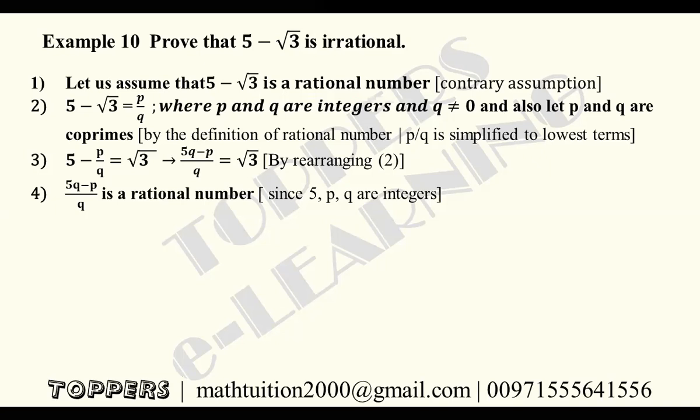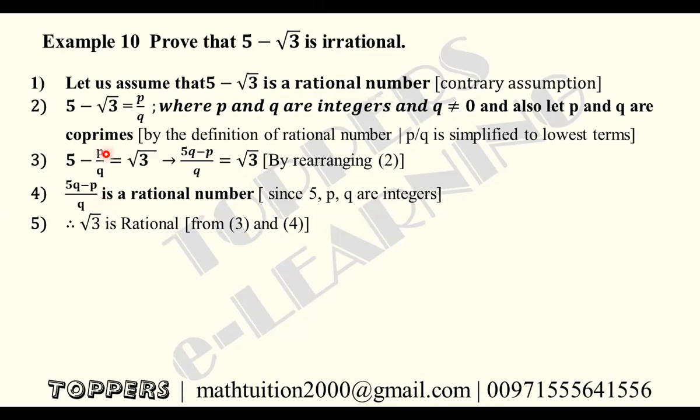See, in this equation, if LHS is a rational number, then RHS should also be a rational number. So that argument we are going to do in the next step. Therefore, root 3 is a rational number, from 3 and 4, from this statement and this statement.